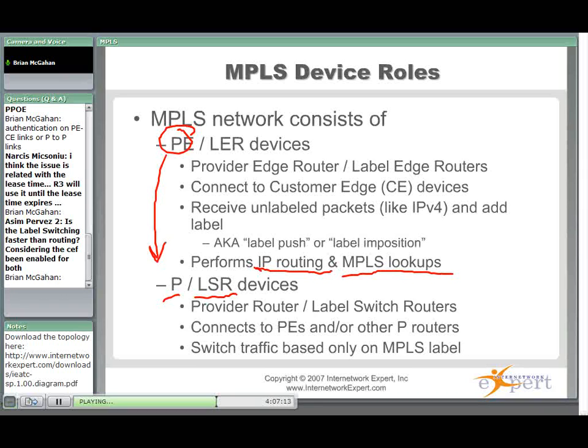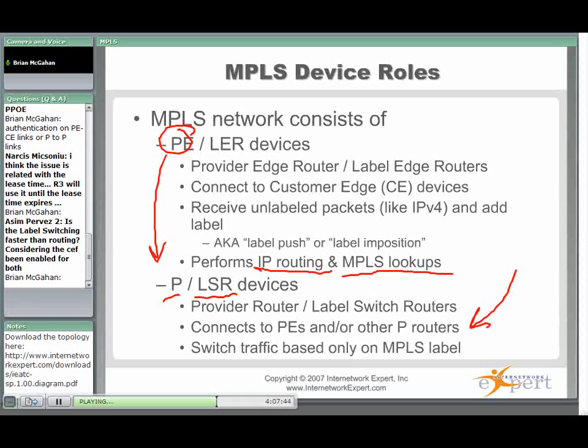Okay, once the PE router forwards it into the provider network, it's going to be forwarded to a P router, which is a provider router, or an LSR, which is a label switch router. Okay, these are the routers that have only provider-facing interfaces. So on all of their interfaces, they don't have customer networks. Okay, so they are only going to be used to switch MPLS labels between different provider routers or different provider edge routers.